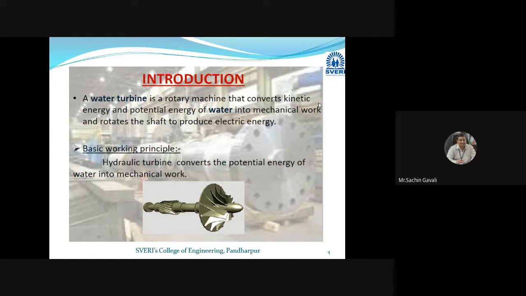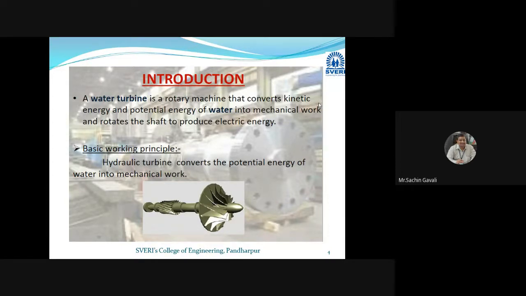Okay. A turbine is a rotary machine that converts kinetic energy and potential energy of water into mechanical work and rotates the shaft to produce electric energy.